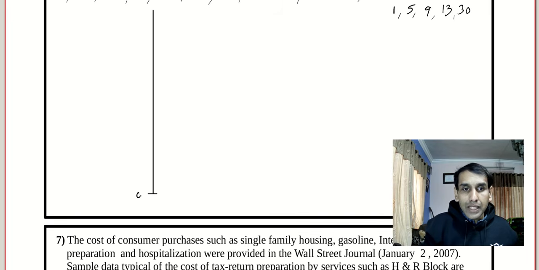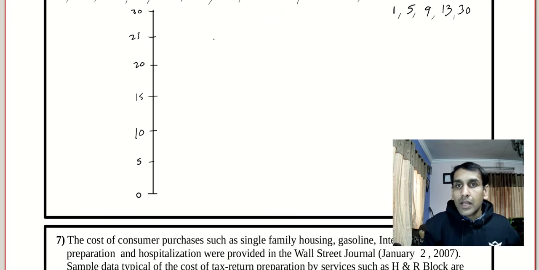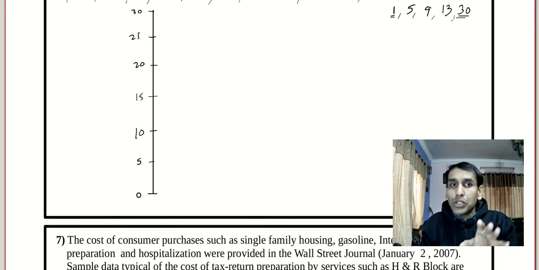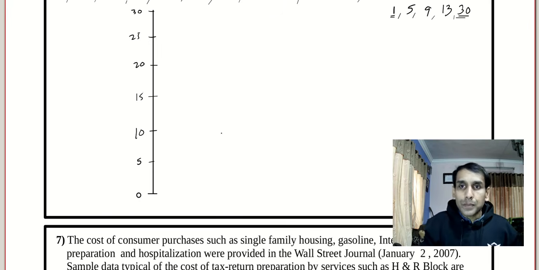I'm going to make it like 0, 5, 10, 15, 20, 25 and 30. If you want, you can put 35 also, because the smallest one and the last one should be included.